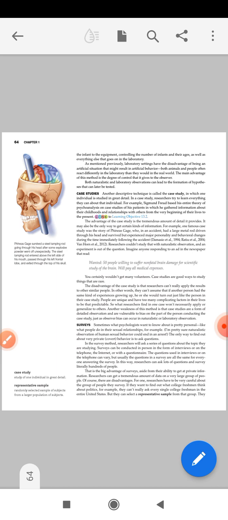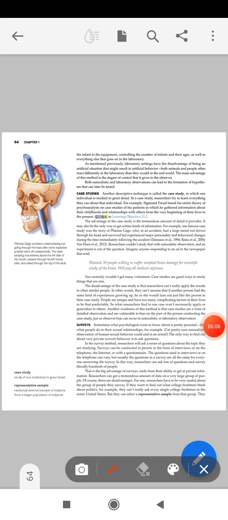The problem is similar: a laboratory is an artificial environment, and hence participants may change their behavior and may not show their natural behavior, and that's the biggest problem with laboratory observation.